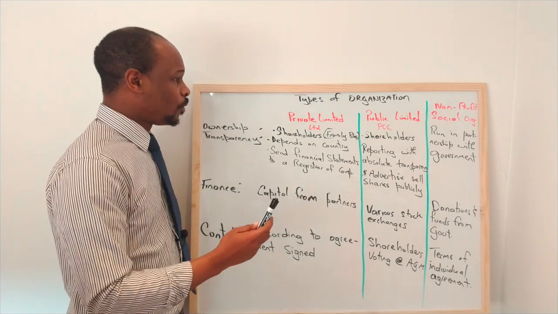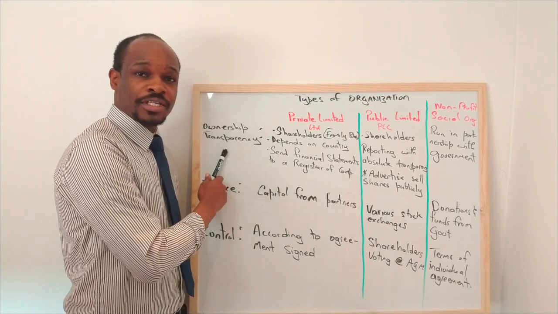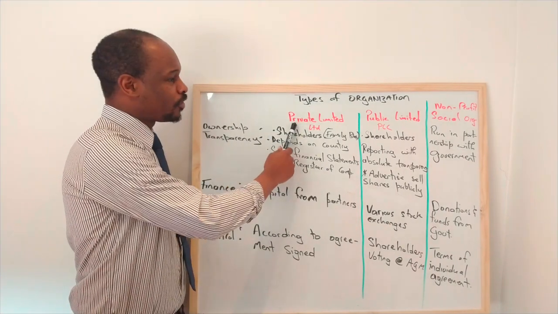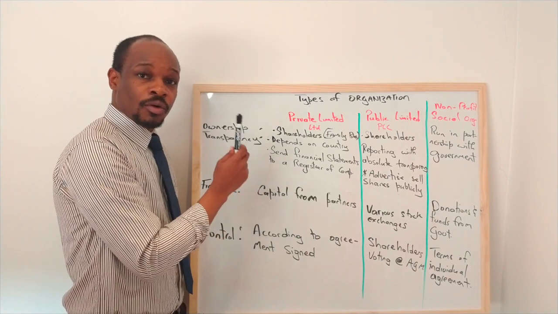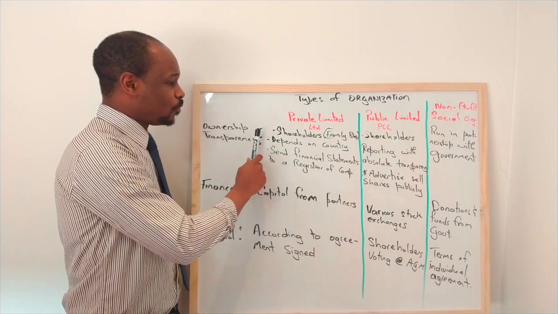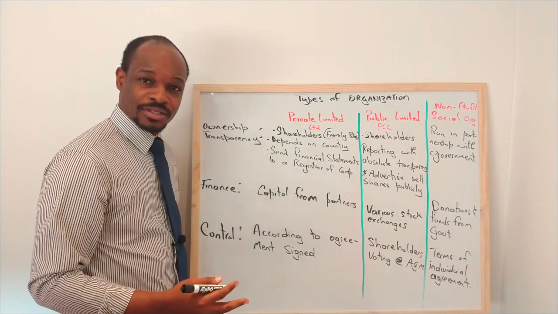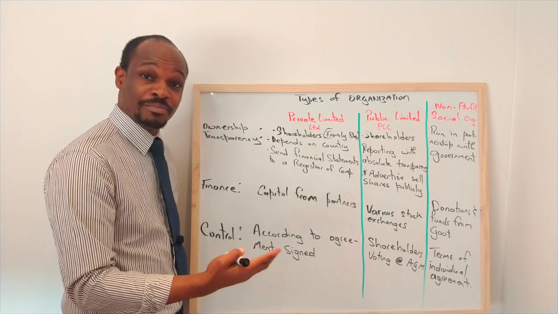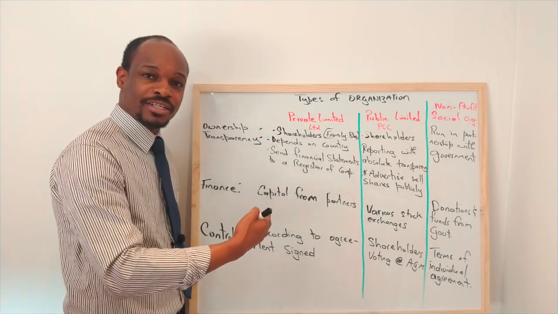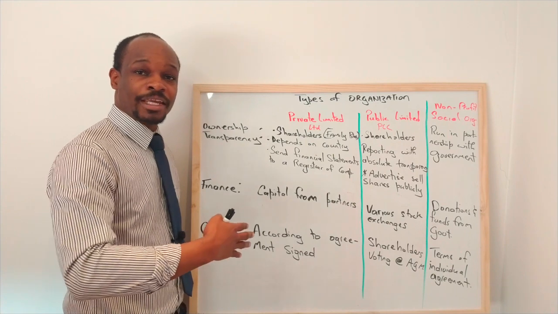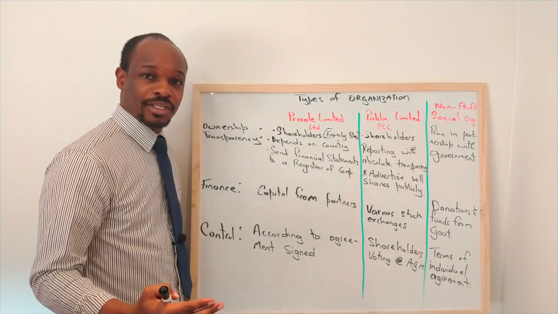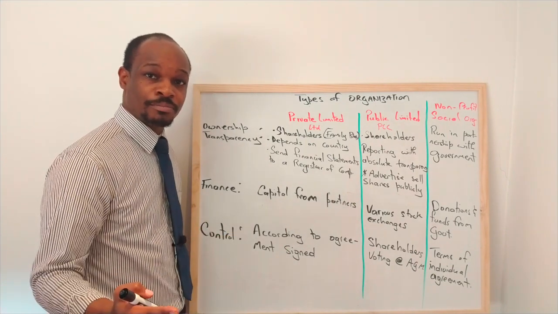All right. So in terms of ownership and transparency for a private limited company, we can say they're called shareholders because they have a part of the business, but not shareholders in terms of people outside of the family, just anyone who can purchase.